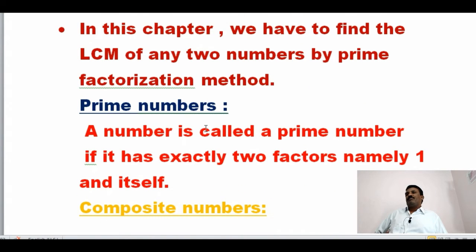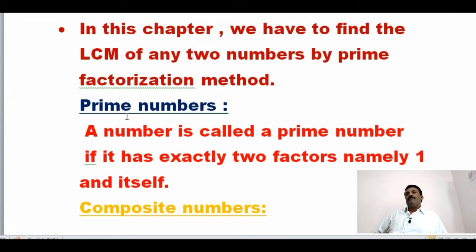So what are prime numbers? Here the definition is like this: a number is called a prime number if it has exactly two factors, namely 1 and itself. A prime number has two factors, 1 and itself, and no other factors except 1 and itself.